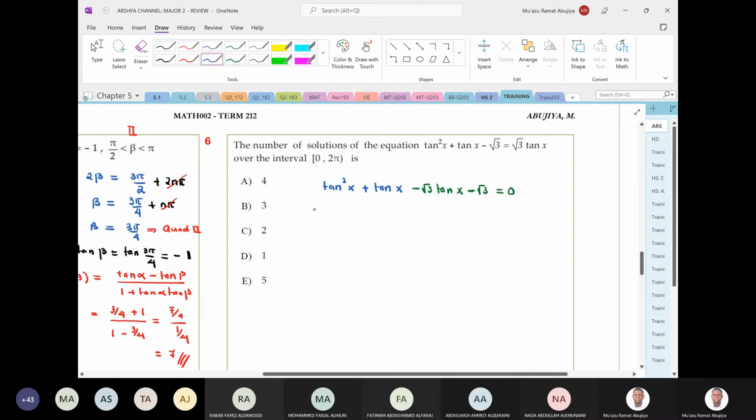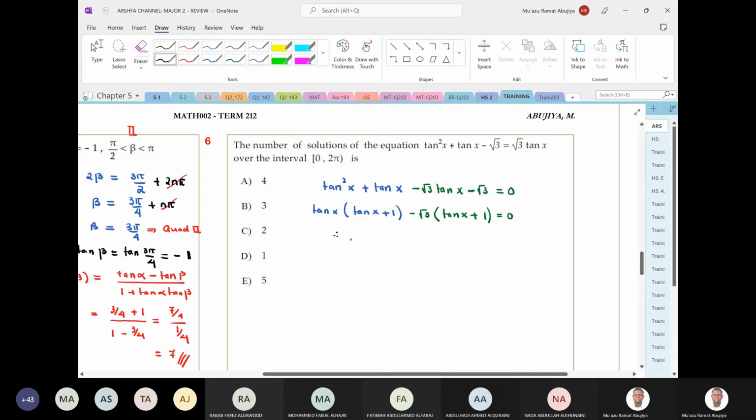So here we can say tangent of x is the common factor, then bracket open, we are left with tangent of x plus 1. And in the second part, we can say minus root of 3 is a common factor, then here we are left with tangent of x plus 1, because we have taken root of 3 as a common factor, and this is equal to 0. Now we have good news. We have a common factor between the two groups. So let us take the common factor out. So therefore, what do we get?